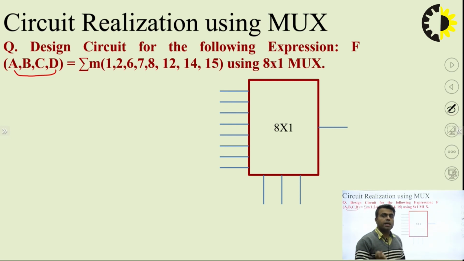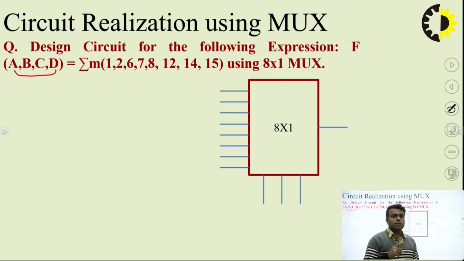That means the size of the multiplexer is smaller than the number of variables given in the problem. So if my variables have to take the place of the select lines, there are only 3 places that can be taken. Either I can use ABC as the select lines, or I can use BCD as the select lines. So I have to drop one of the variables.